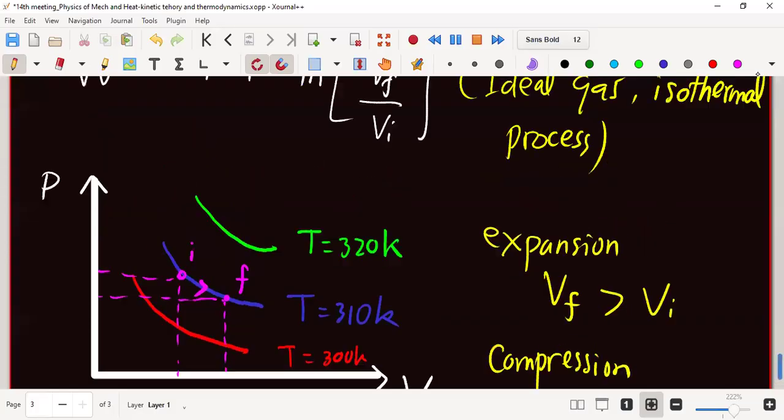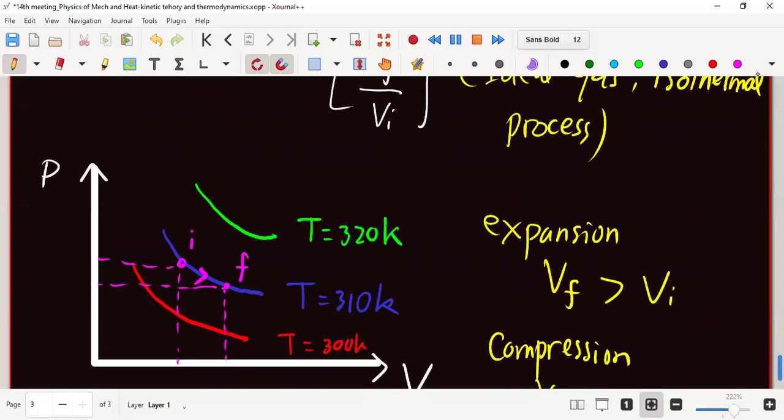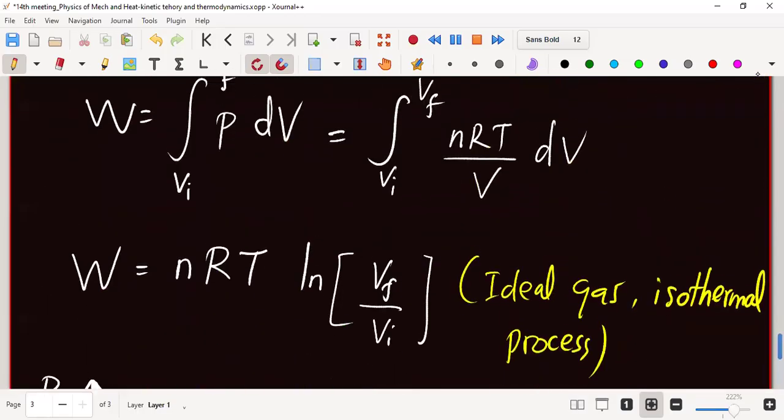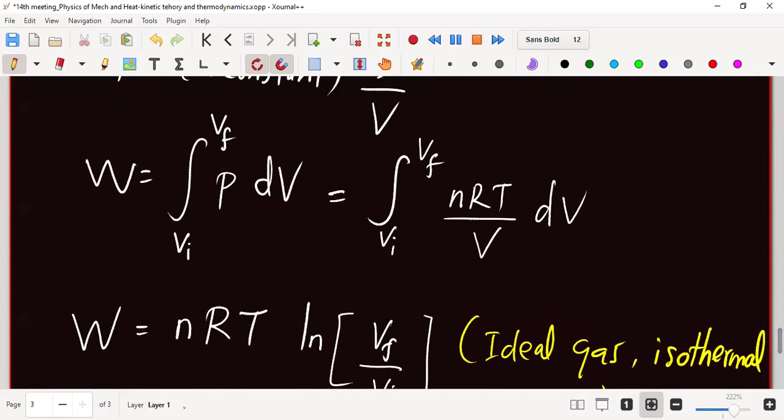Okay, this one is the character of the curve in an isothermal process. You can get the work done by the isothermal process by integrating from initial volume to final volume nRT divided by volume dV.